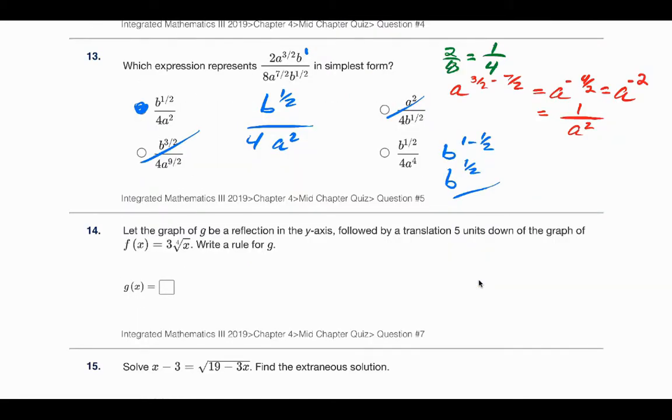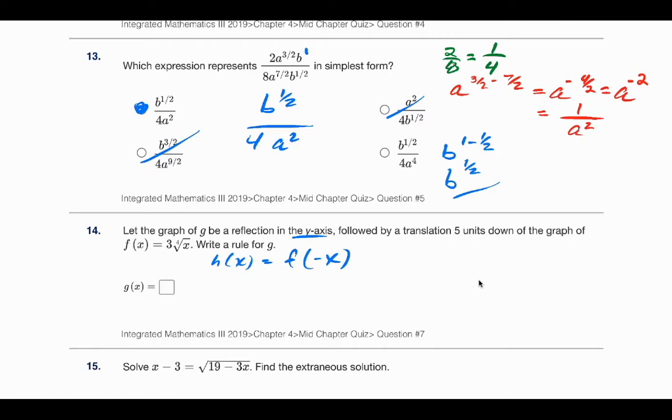Number 14, we just did one just like this earlier too, ladies and gentlemen. So a reflection in the y-axis. And remember, when it's in the y-axis, that means you're going to attach it to the x. So again, we're going to take our h of x, and we are going to say it is our f. And remember, I'm attaching a negative to the x.